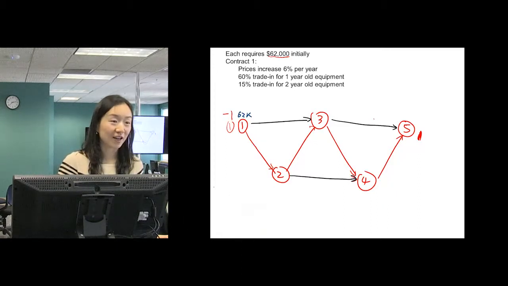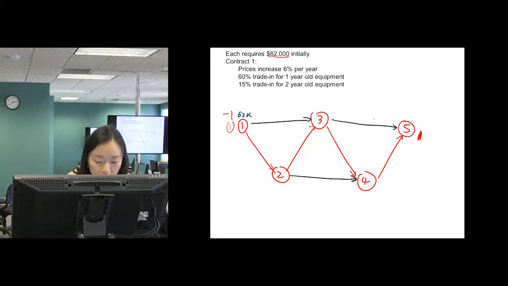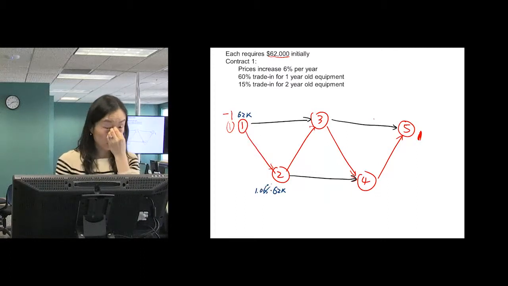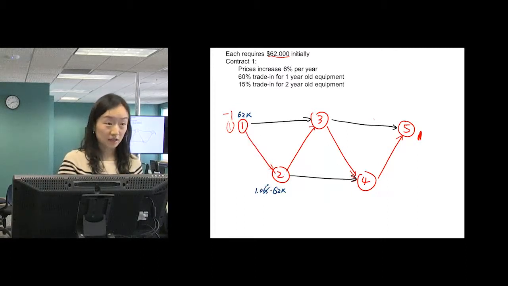You get a trading credit, but you have to pay for the new equipment. And we said the price will increase 6% per year. So when you get to here, I'll put 1.06 times this. That's the cost that will occur at this point here.